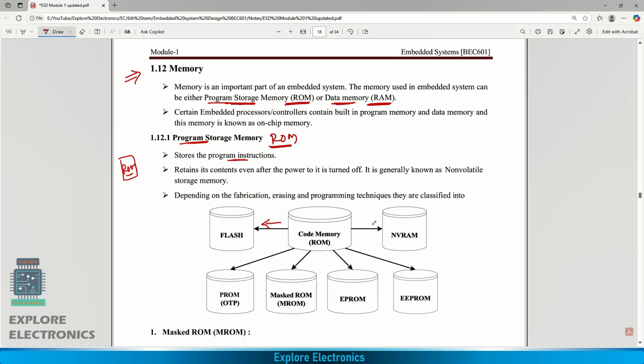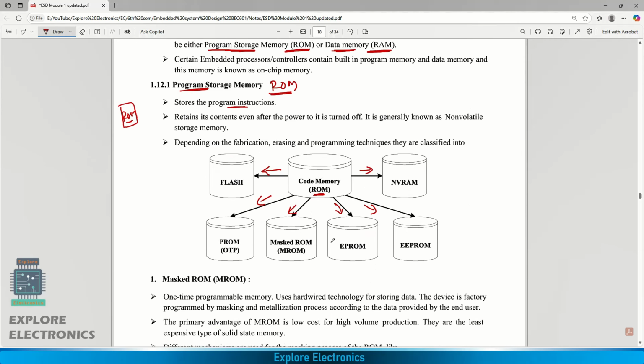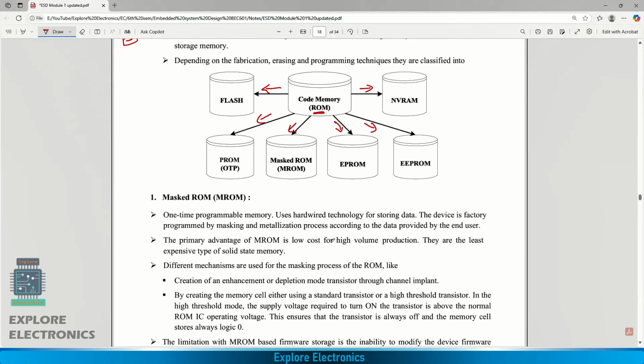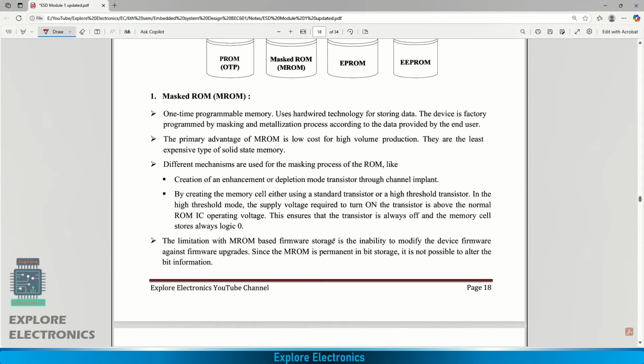It can be flash memory, NVRAM, PROM, MROM, EPROM and EEPROM. We need to understand what the different types of ROMs available are and how they store the program. Remember, ROM can be programmable: some ROMs are static, and some can be reprogrammed. Let us understand.